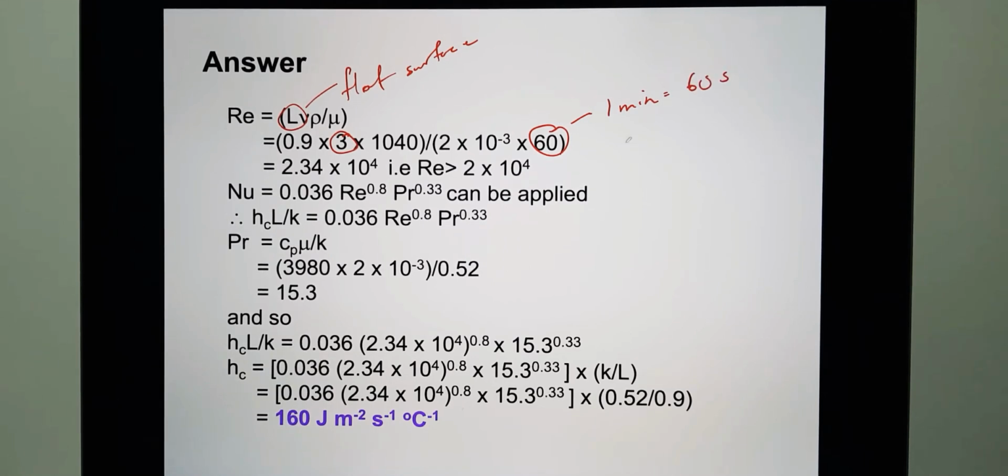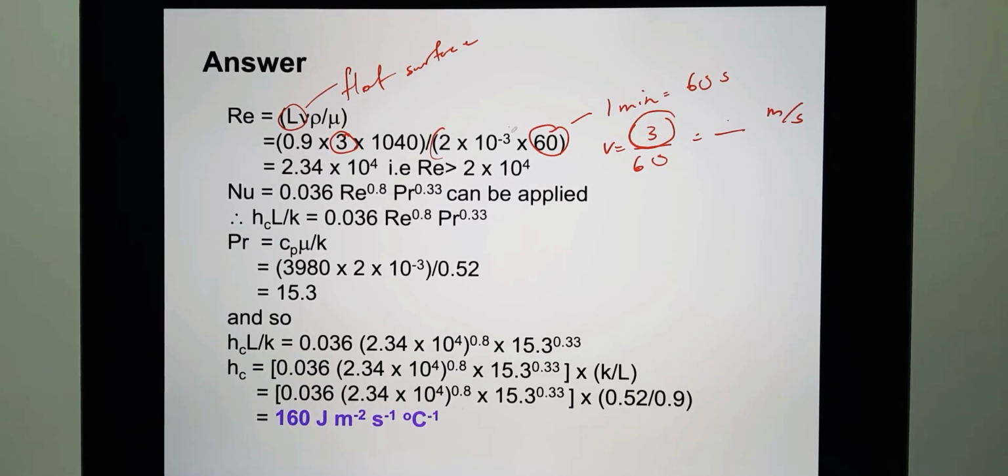So it is just like this, 3 over 60, because you are going to get the value of V in meter per second, since at this moment the value is meter per minute. You want to convert the unit from minute to second. Then you times by 1040, this one is the density, over mu.